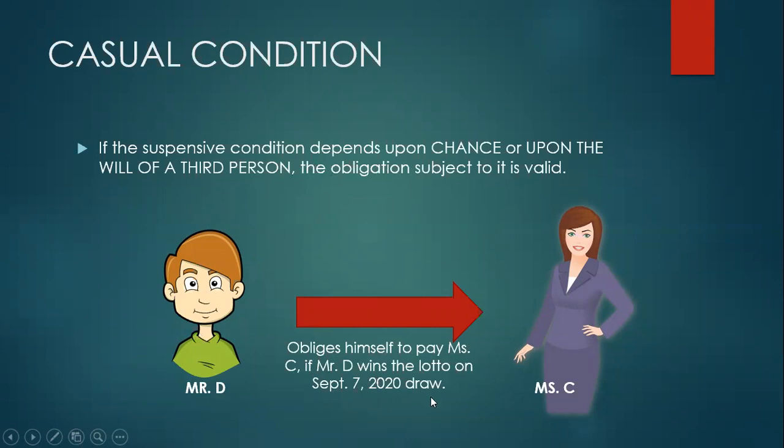Here, if Mr. D has joined Lotto, and if he wins the Lotto on September 7, 2020 draw, then Mr. D's obligation will be effective and therefore valid.